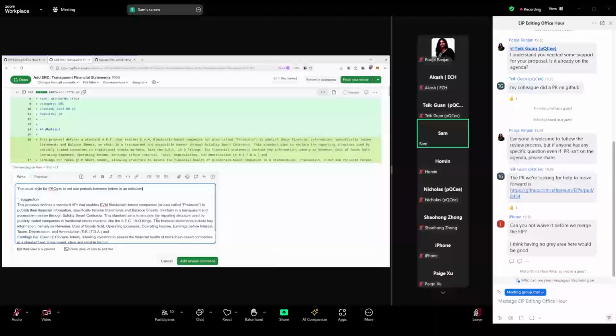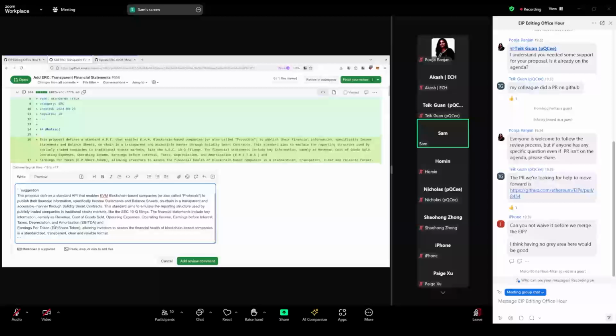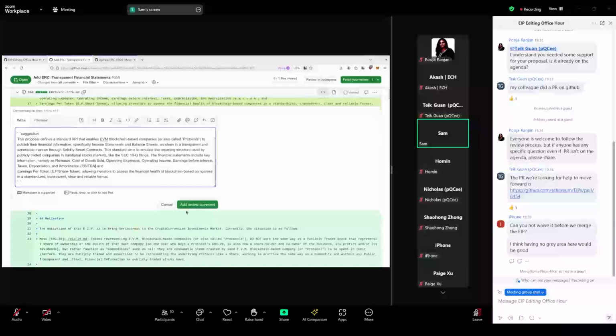The standard aims to emulate the model used by publicly traded companies in traditional stock markets, like the SEC 10-Q filings. The financial statements include key information, namely revenue, cost of goods sold, operating expenses, earnings before interest, and earnings per share. Okay, cool.